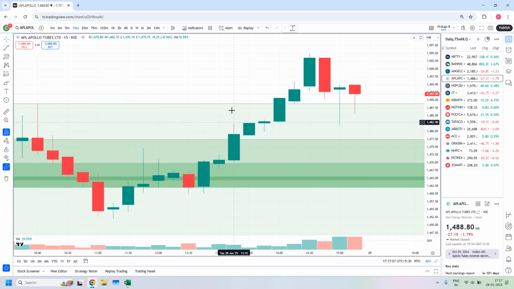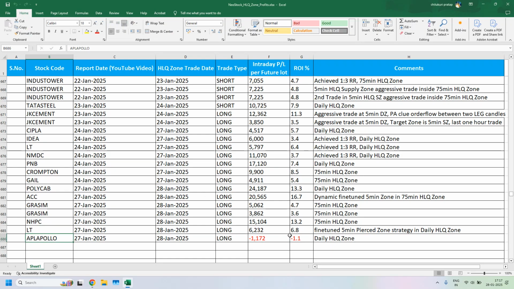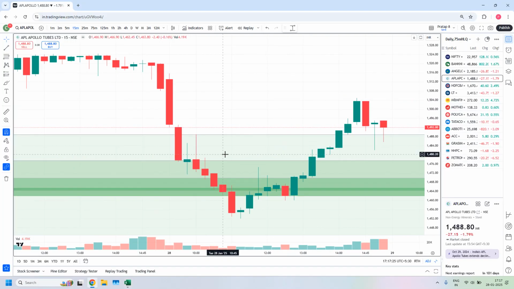Okay, this is about APL Apollo Tubes and how much loss it has given. 1172 rupees. The stopped out trade, which is minus 1.1% negative ROI it has given. Anyway, it is negligible compared to all the other trades. And in case anybody had taken it for a short period, the zone is violated.